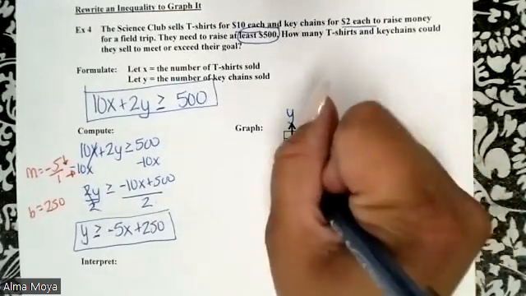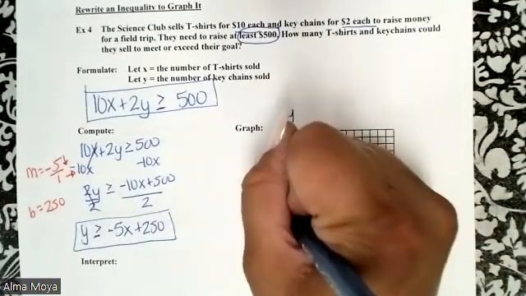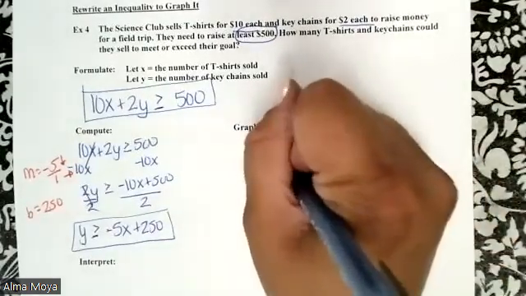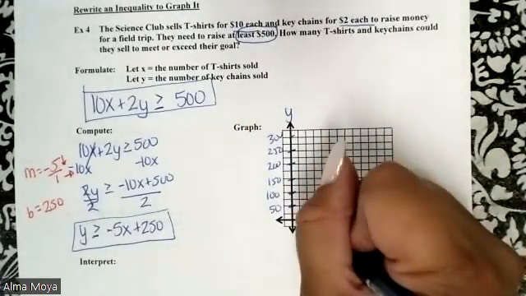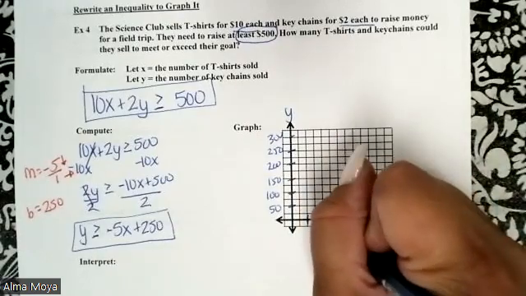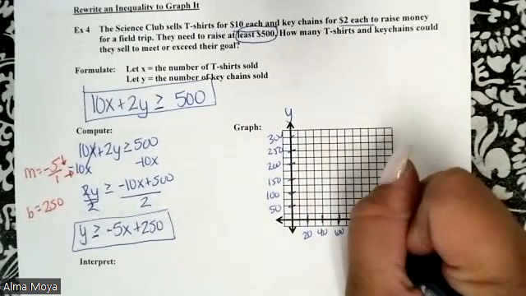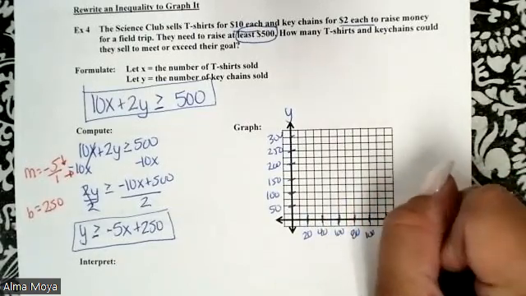So I'm going to go by 50s: 50, 100, 150, 200, 250, 300. On my x, I'm going to go by just 20s: 20, 40, 60, 80, 100, 120.